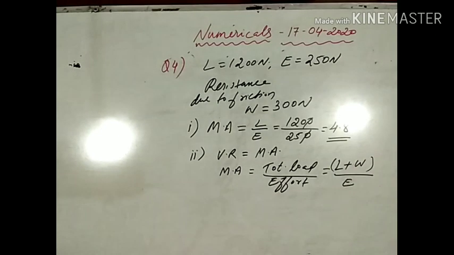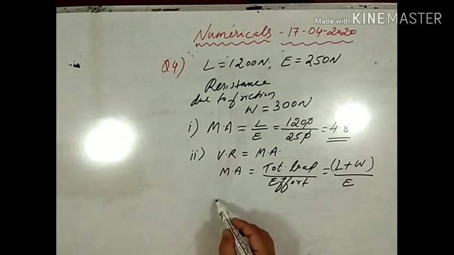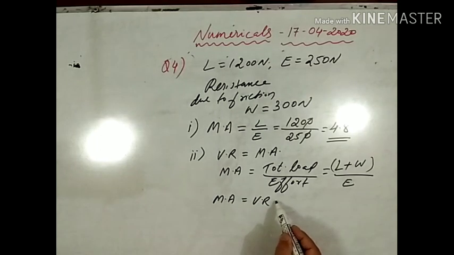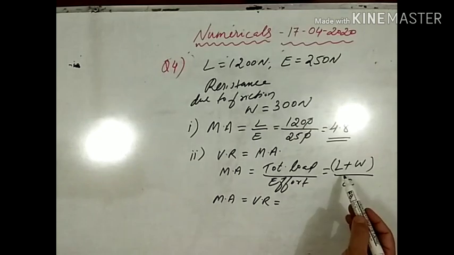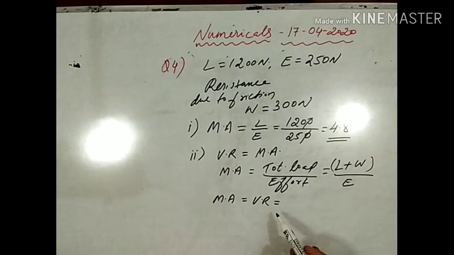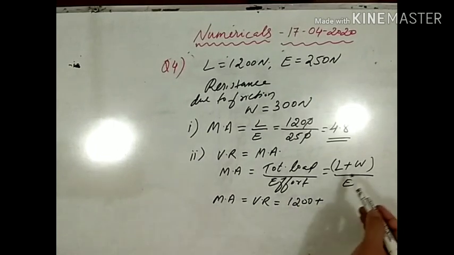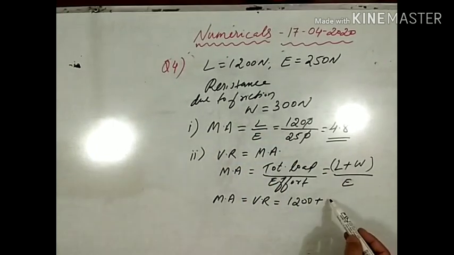All right. So we can write the mechanical advantage is equal to velocity ratio, that is equal to L plus W upon effort. How much? Load is 1200 plus W, that is resistance due to friction, 300, upon effort.